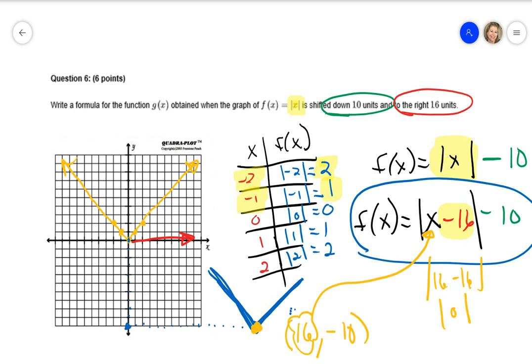The absolute value of 0 is 0, and then 0 minus 10 is a negative 10. I think that went off my screen, sorry. But that's why it's actually the opposite of what you're doing. That's why you have to have a minus 16 here to cancel out the positive 16 that you're going to get for the x-coordinate right there. Anyway, what I circled in blue is the final answer. They just want the formula.